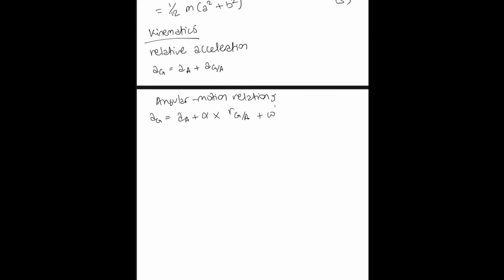So we know that AG is going to be equal to the acceleration of A plus the acceleration of G with respect to A. And knowing our angular motion relations, that's going to translate to acceleration of G is going to be equal to acceleration of A plus angular acceleration cross product RGA plus omega squared RGA.